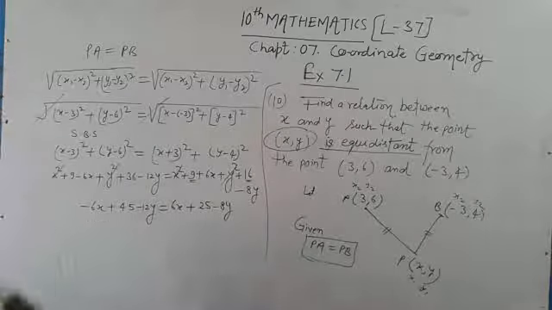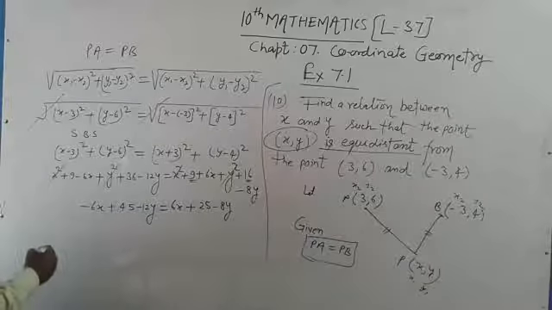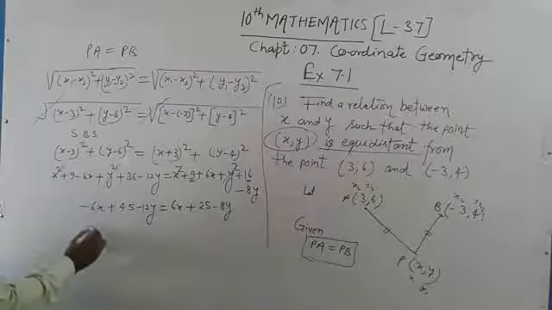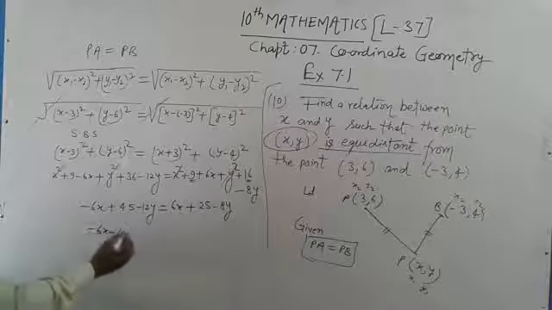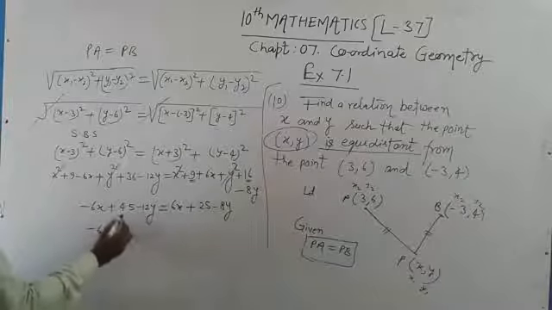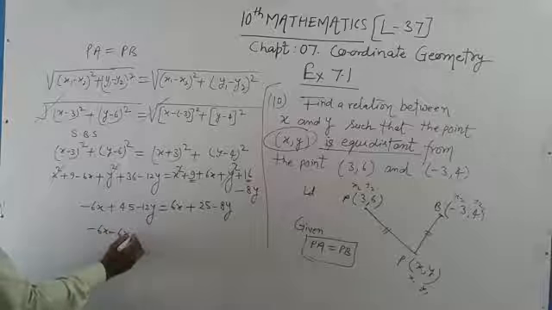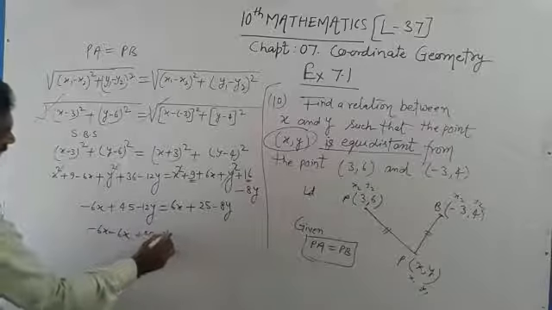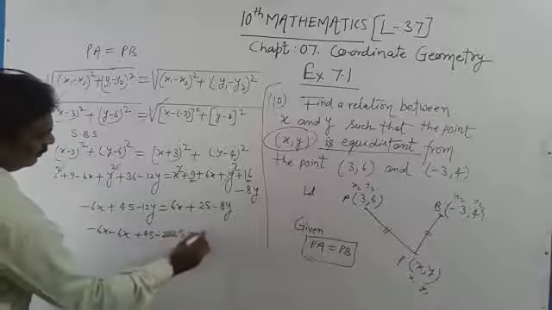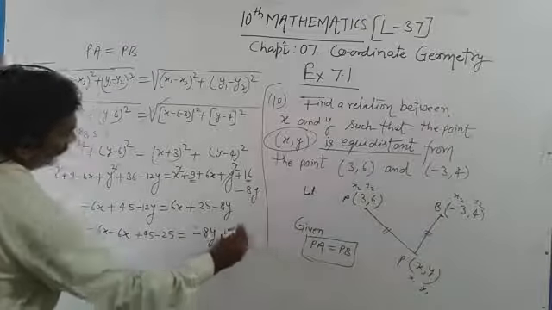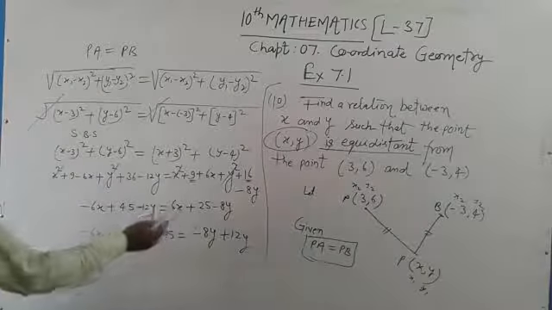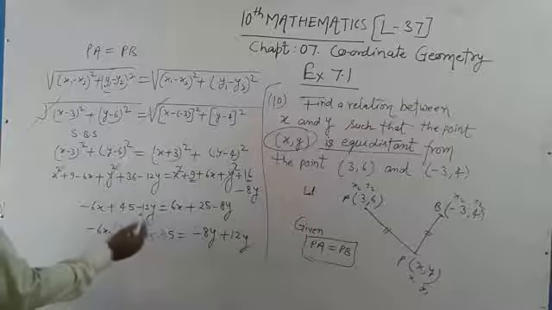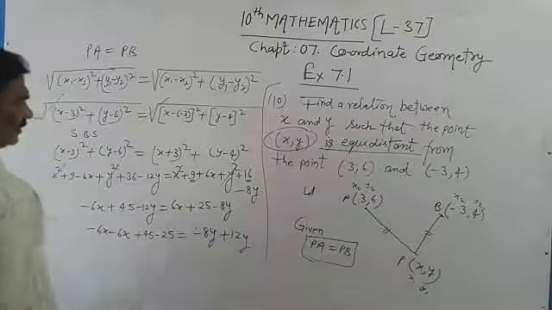Okay students, now we will have minus 6x, because this converts to the right hand side, and 45 minus 25 is equal to minus 8y plus 12y. Okay students, we put 6x on the left hand side, sign changed, and minus 12y on the right hand side, sign changed.